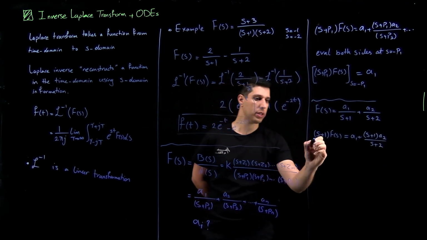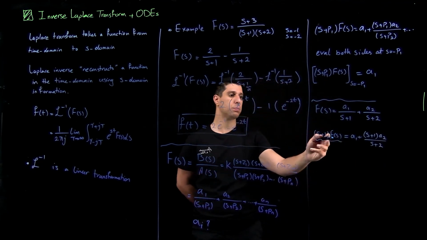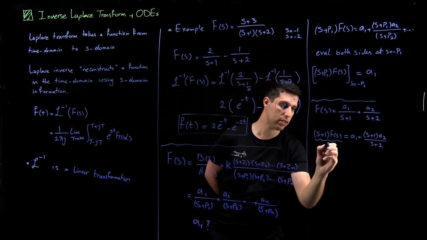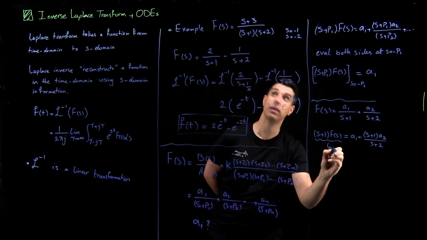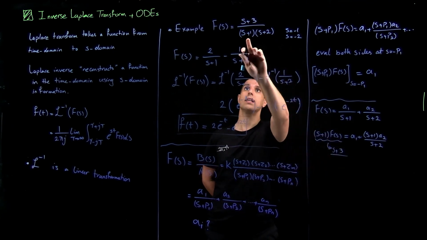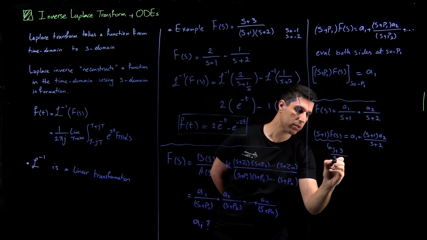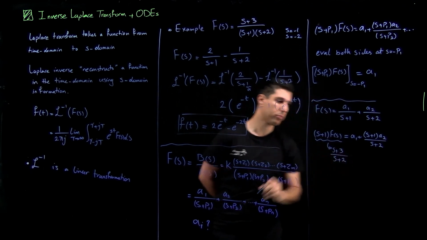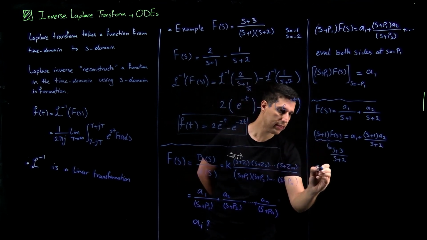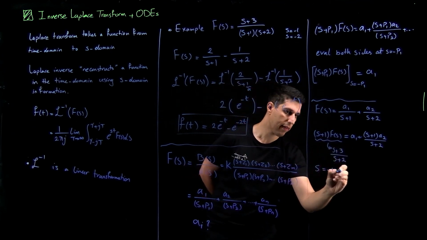And I'm going to rewrite this s plus 1 times F of s. Using that, it is s plus 3 over s plus 2, since this s plus 1 cancels. Now put s equals minus 1 on both sides.